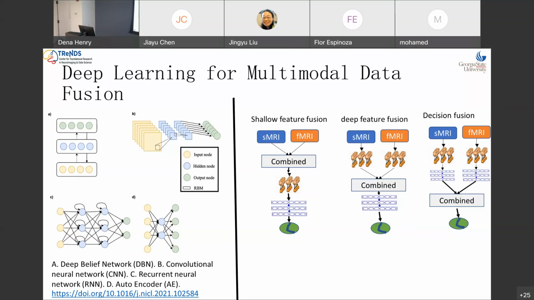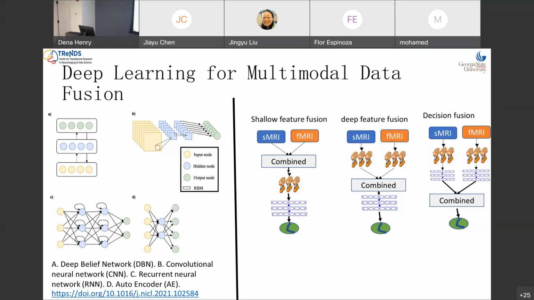So when we use these deep neural networks to model things, we have to choose which basic framework we want to use. When we have that, the next step is how we build the fusion of two or multiple modalities. We can fuse in different ways, but that depends on the particular project and what type of modalities we're using.